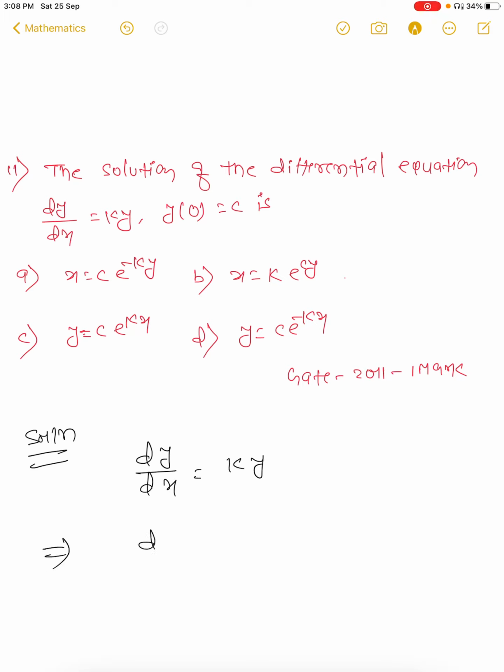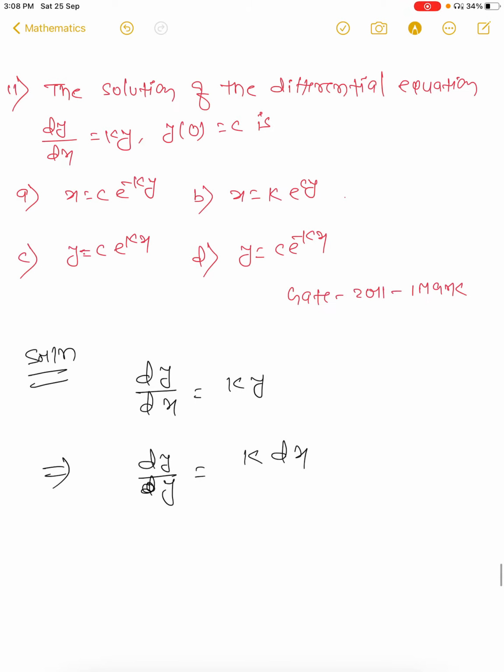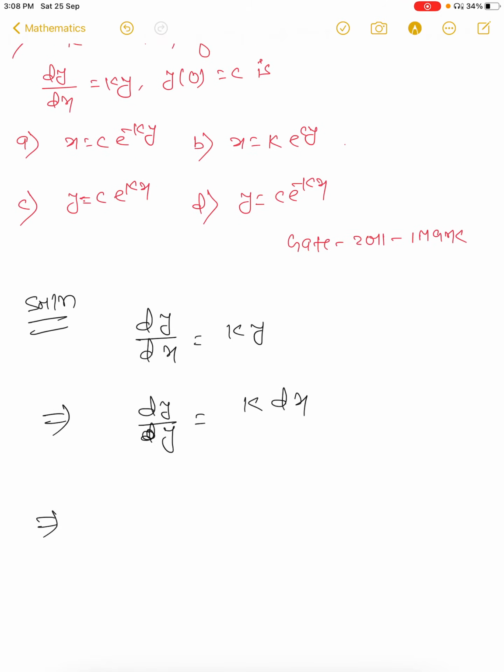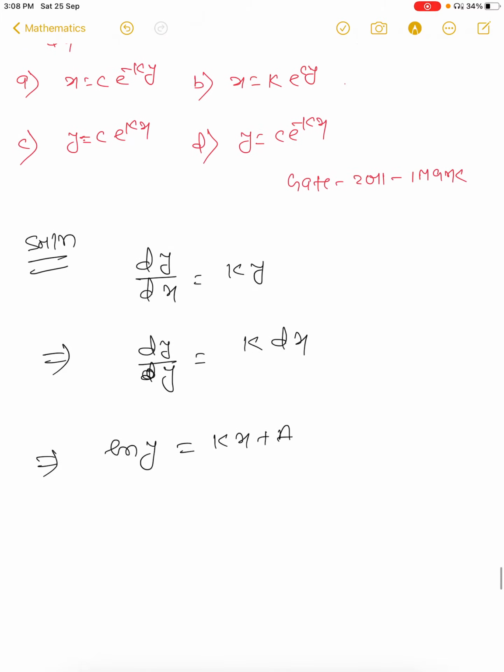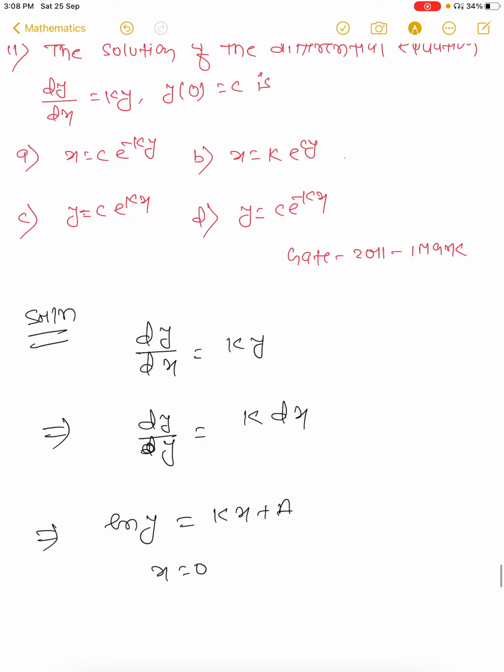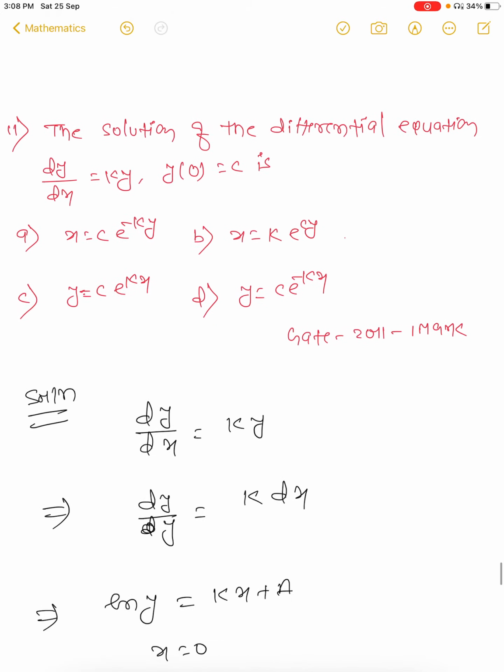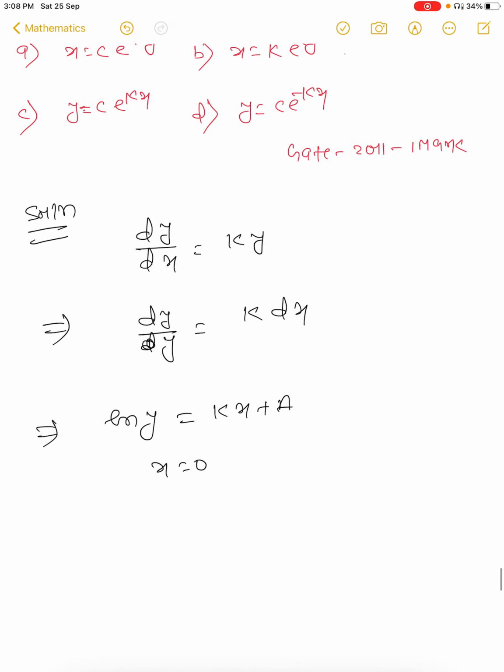Then you can write dy/y equal to k dx. So ln y is equal to kx plus a. At x is equal to 0, y(0) is given, y is c.